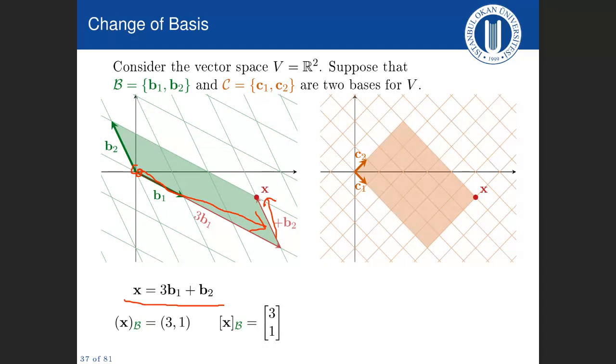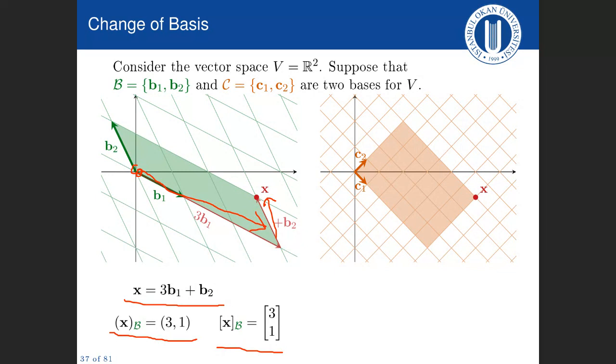That means the coordinates for x relative to the basis b are 3, 1. And there's another way I could write this. Instead of a row vector, maybe I want to write that as a column vector. The coordinates for x relative to the basis b, I could also write as square bracket x, square bracket b, equals 3, 1. We need 3b1 plus 1b2.